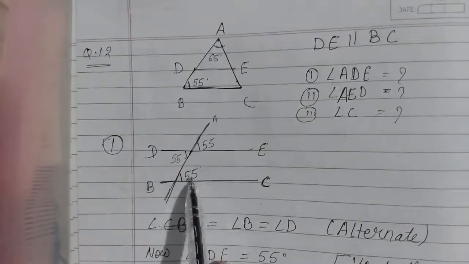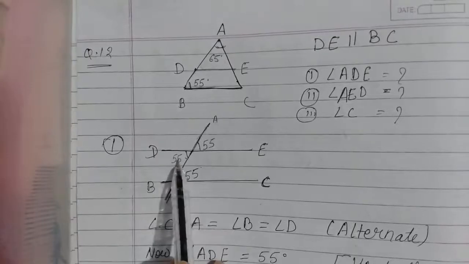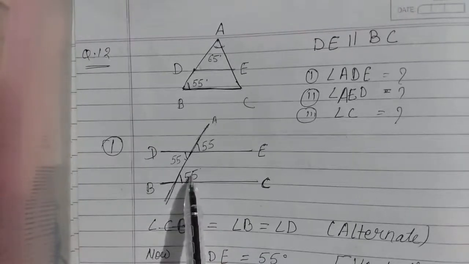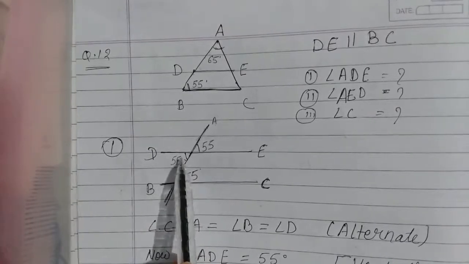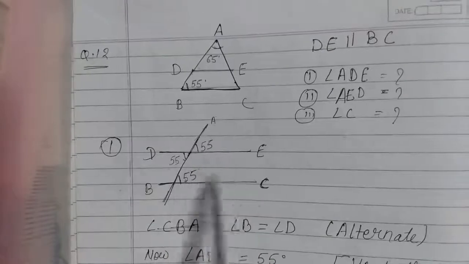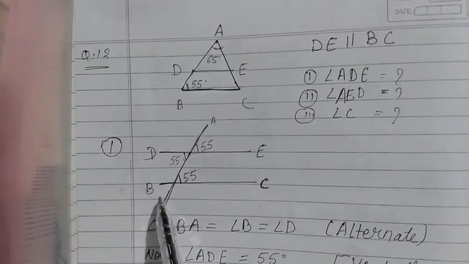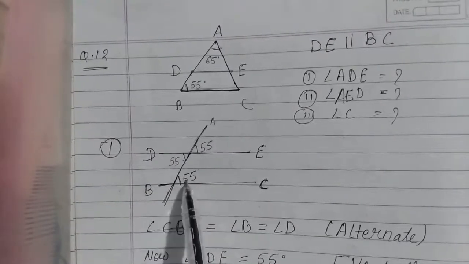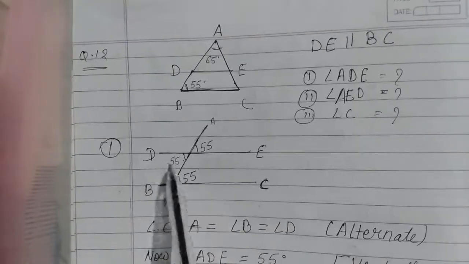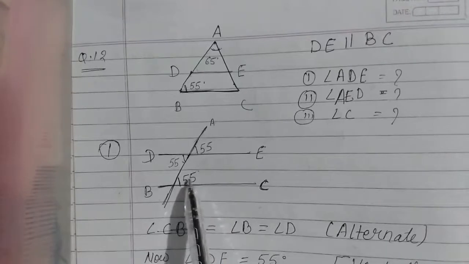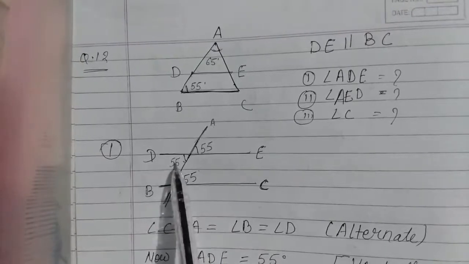How? This is 55, so this is also 55, because this angle and this angle are alternate angles. What is an alternate angle? We already know if two lines are parallel and a third line intersects these two lines, then this angle and this angle are called alternate angles and these angles are equal. That's why this 55 will become this 55.